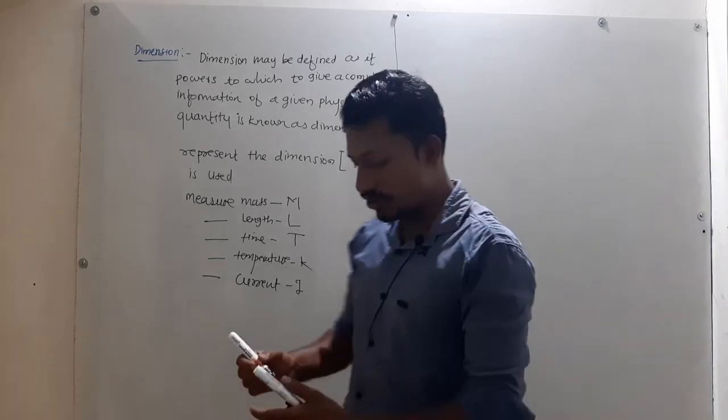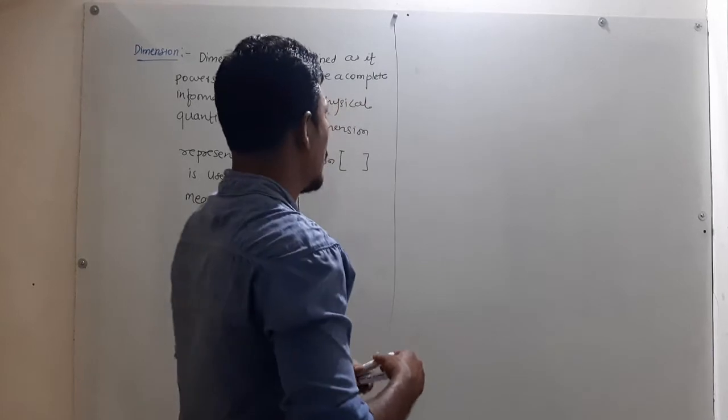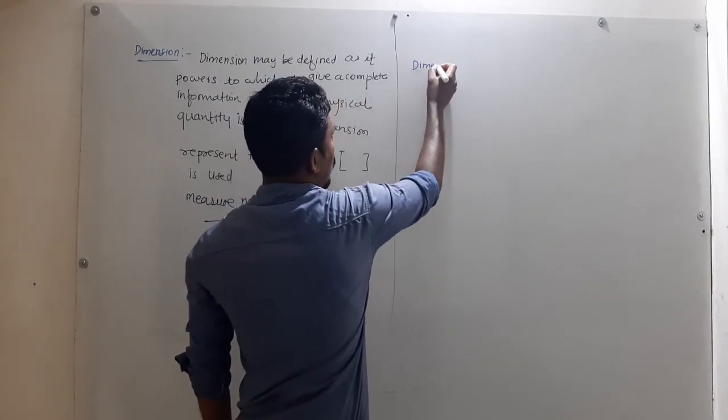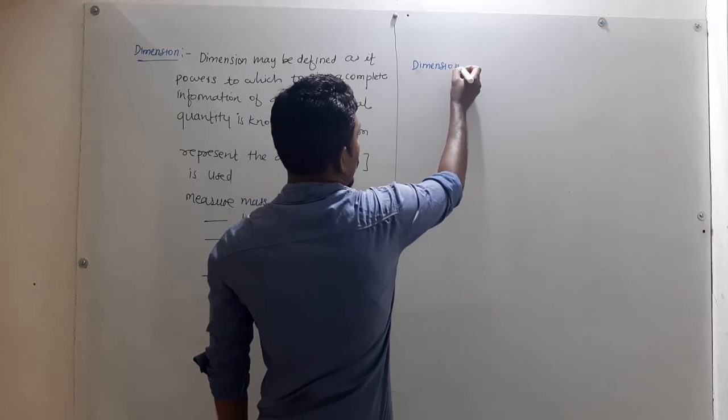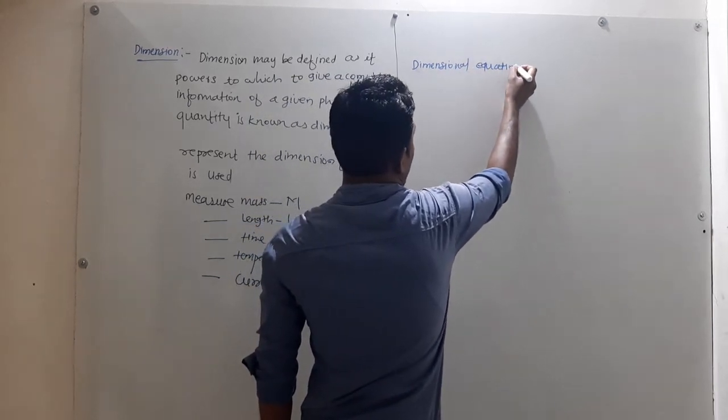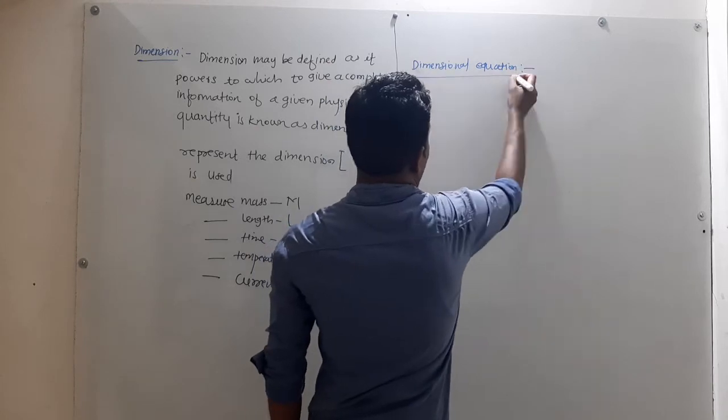The second definition is the dimensional equation. What is the dimensional equation?